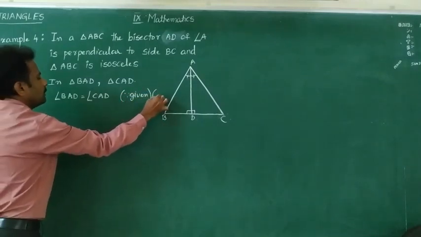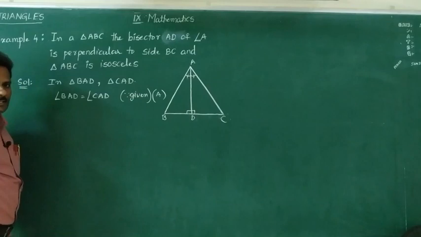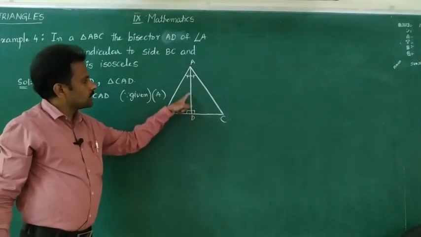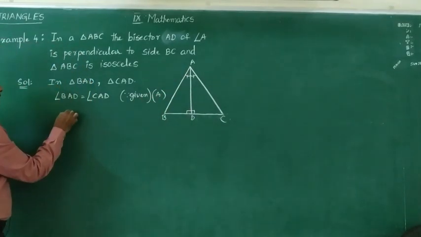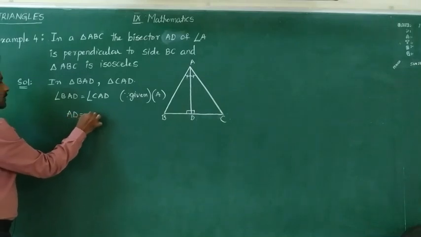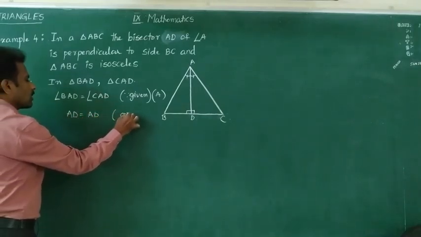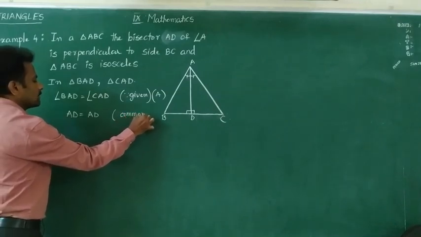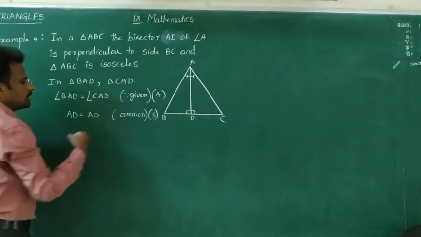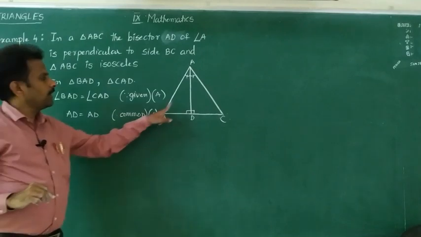So it is nothing but a pair of equal angles. Next, AD equals AD because it is common. You need to mention the reason: because it is a common side for both triangles. Thereby we have got a pair of equal sides.